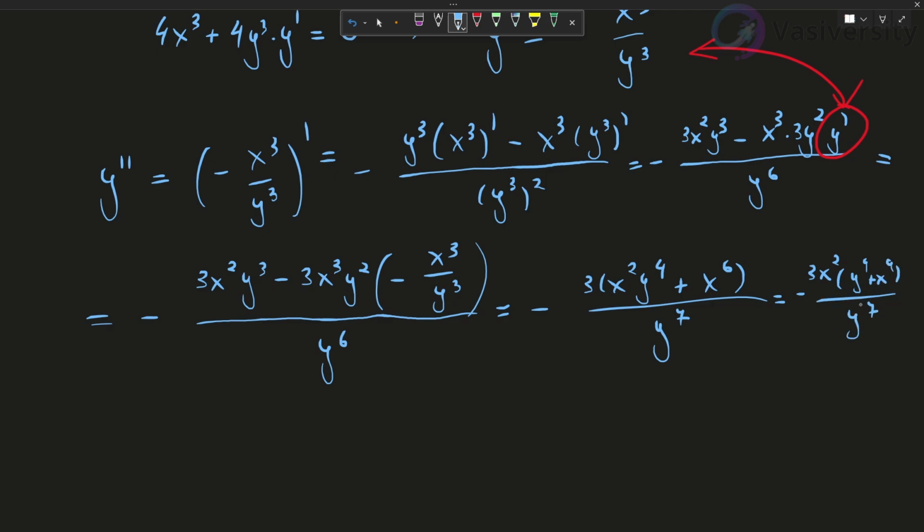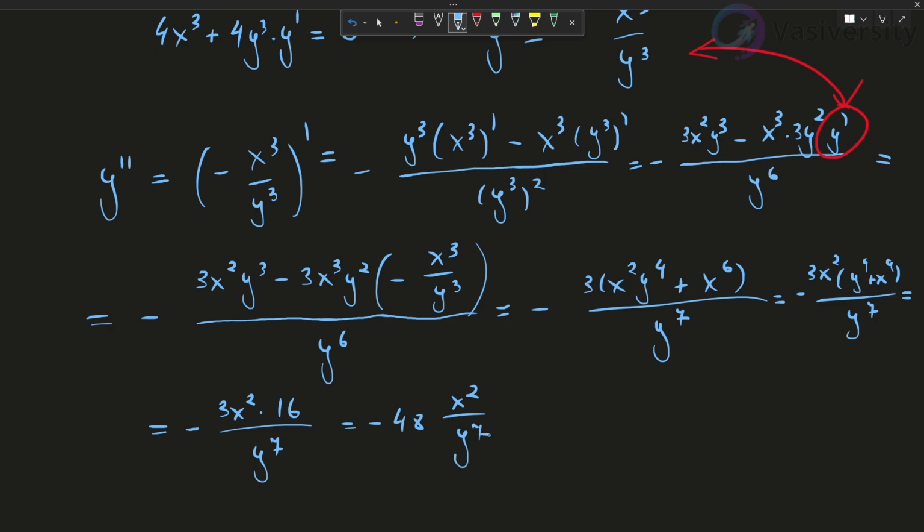And well, notice, what was y to the 4 plus x to the 4? Remember, it was equal to 16. It was a constant. So that means we're going to have negative 3x squared times 16 over y to the 7, which is equal to negative 48 x squared over y to the 7.